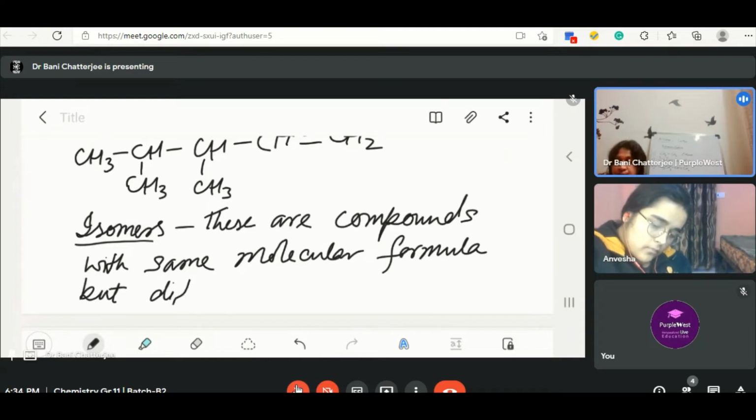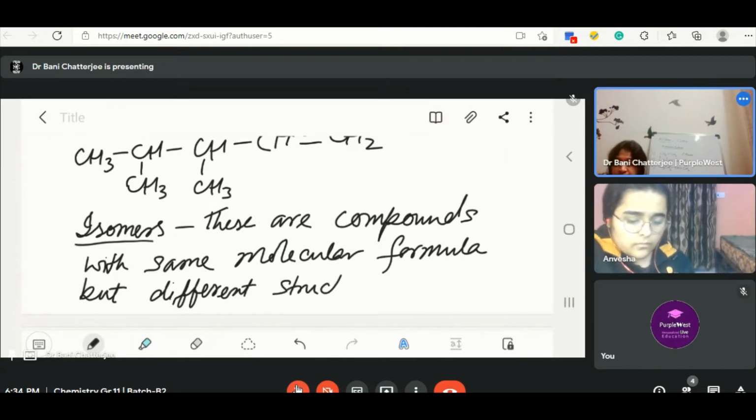Their structures are different. Molecular formula will remain the same, but their structures are different.